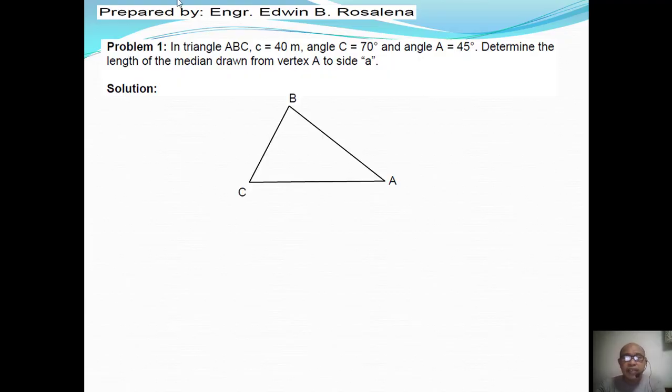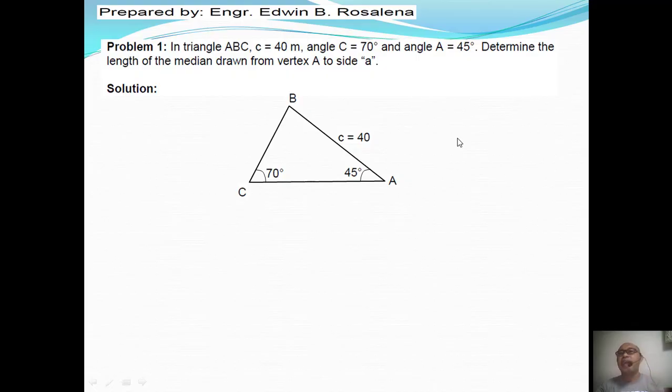Okay. So, I have here triangle ABC. Side c is 40, opposite angle C. So, we have here small letter c equals 40. Angle C and angle A are given: angle A equal to 45, then angle C equal to 70. Determine the length of the median from vertex A to the opposite side a.